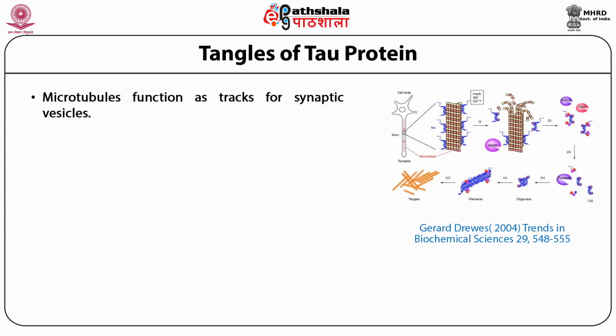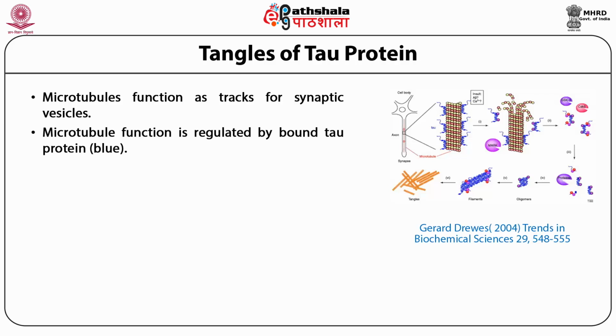The microtubules function as the tracks for the synaptic vesicles. The microtubule function is regulated by bound tau protein, which you can see in the figure. The microtubules are stabilized by tau when it binds, and when tau is removed, the microtubules disintegrate.